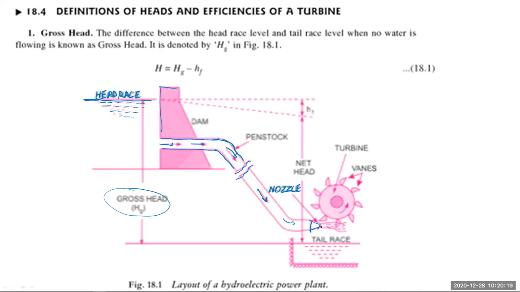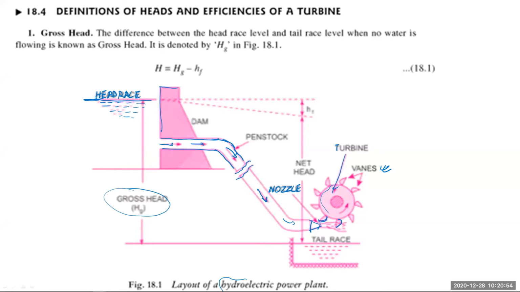From that nozzle, the high velocity water jet impacts the cup-shaped buckets, or blades, or vanes, of this turbine. This circular wheel-like structure has those vanes connected on its periphery.